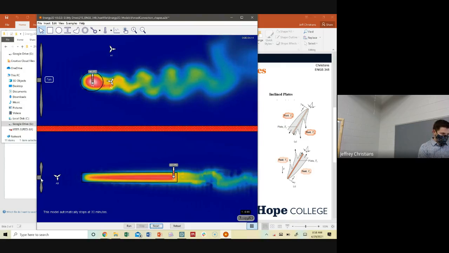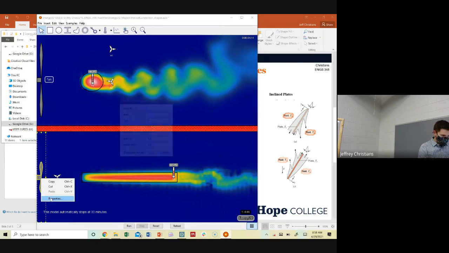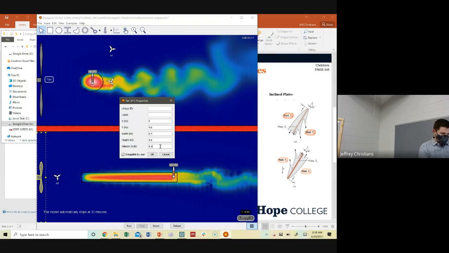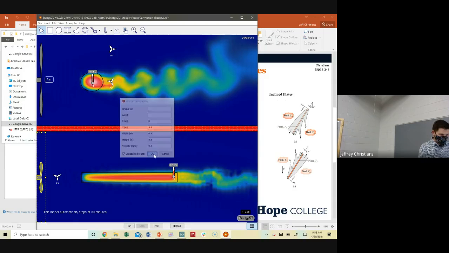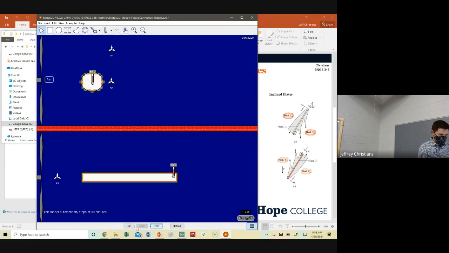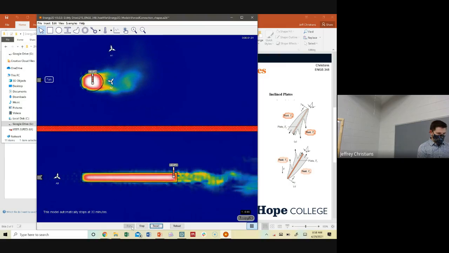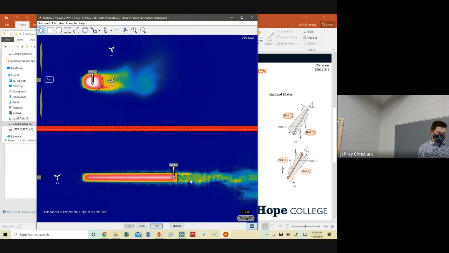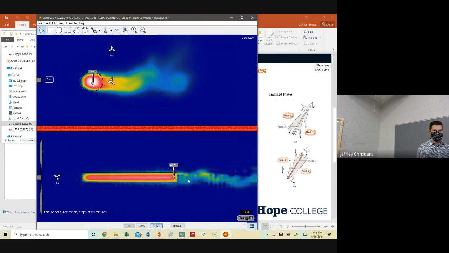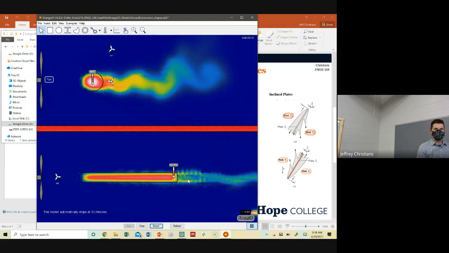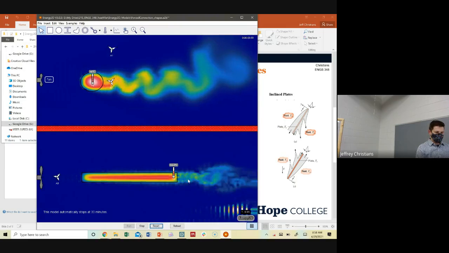We'll stop that. From 0.2 meters per second, we'll say we want to go to 0.5 meters per second. You can tell the simulation is starting to look a little bit weird. It doesn't look like you maybe think it actually should.